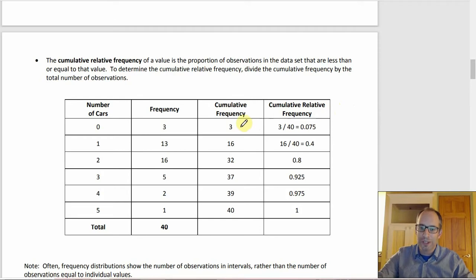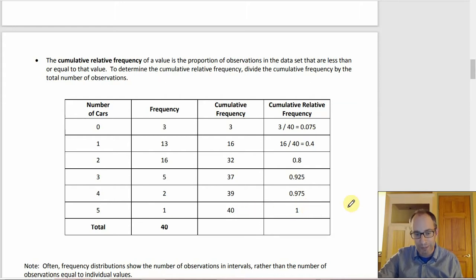So for 0, we had a cumulative frequency of 3, cumulative relative frequency of 3 over 40. And then for 1, we had a cumulative frequency of 16, cumulative relative frequency of 16 over 40, which is 0.4, and so forth. The last one should be 1 because the cumulative frequency for the highest value is going to be the frequency of that value plus everything before it. That should be everything. So when you divide by the total number of observations, you should get a 1.